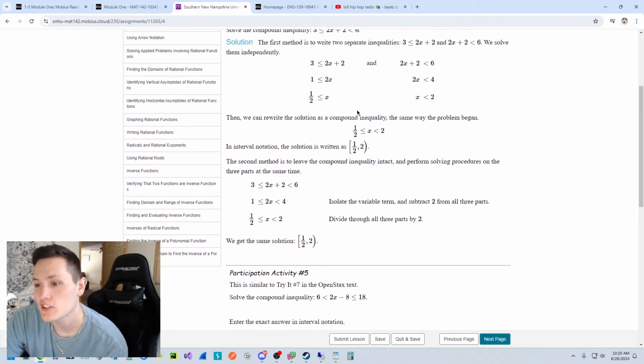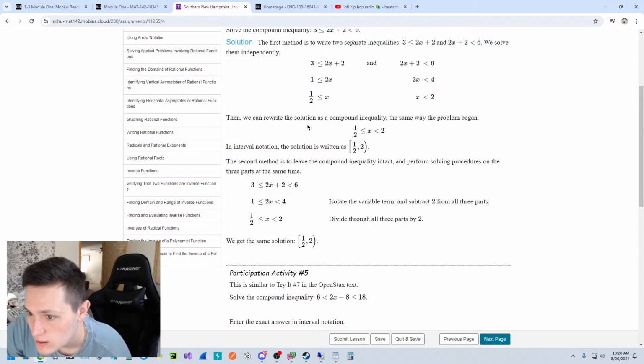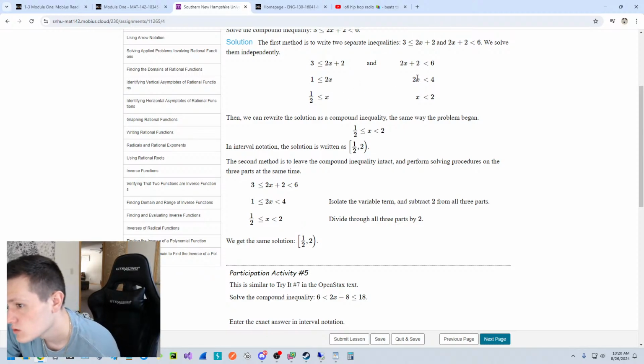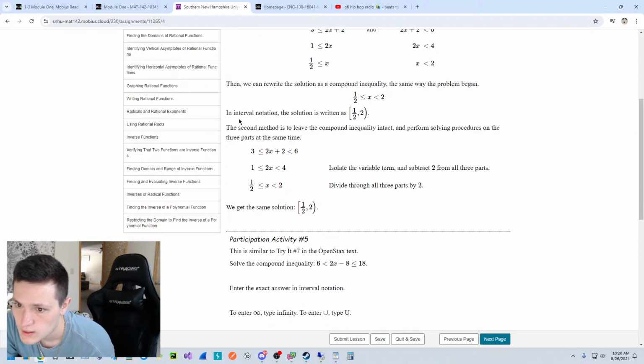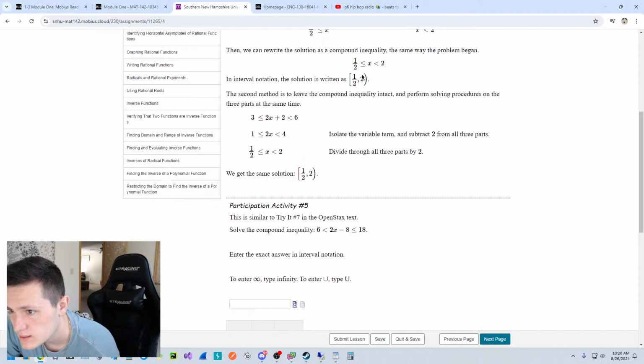This is like making shit up at this point. One half is less than or equal to x, which is less than 2. So this is the interval notation, and then this is the compound inequality. Okay, I could see.